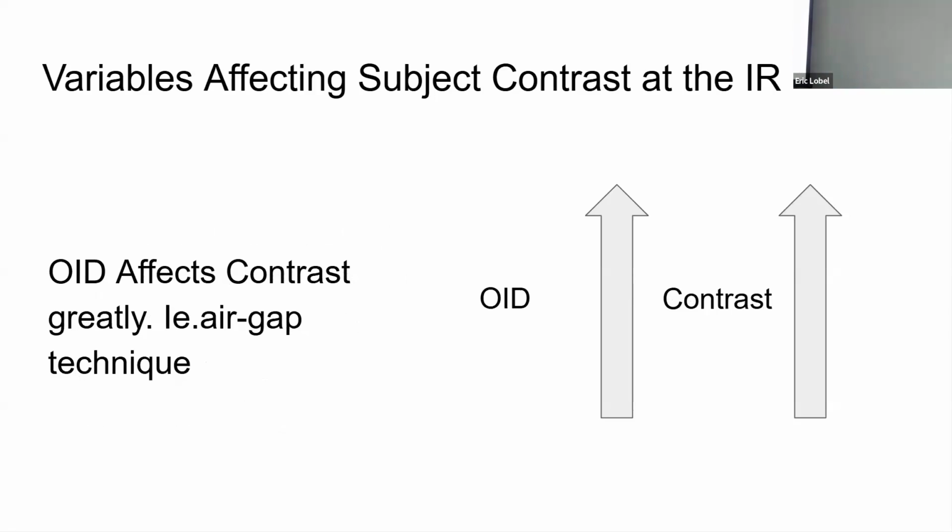And if it's traveled kind of weirdly because it was knocked to begin with and it changes the angle, that's the whole idea of scatter, then it's going to affect your contrast. But if the OID increases, some of that diverging scatter diverges right off the image receptor.